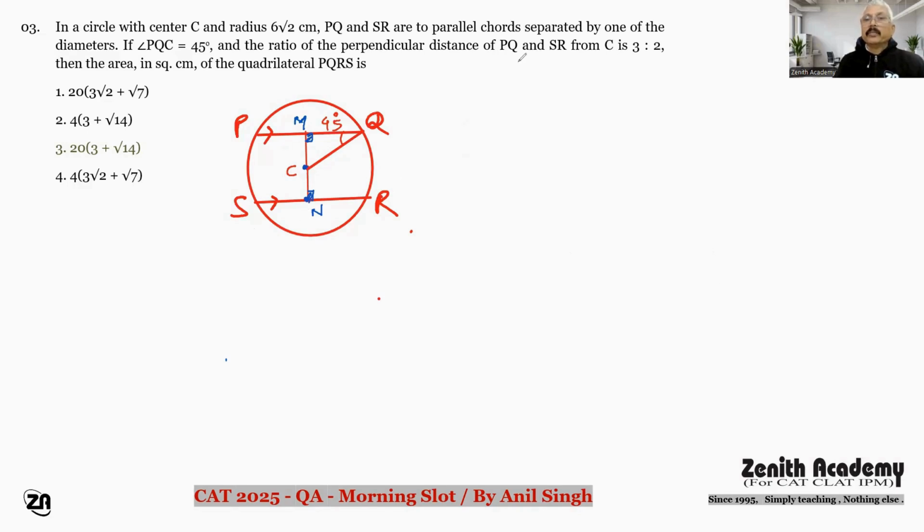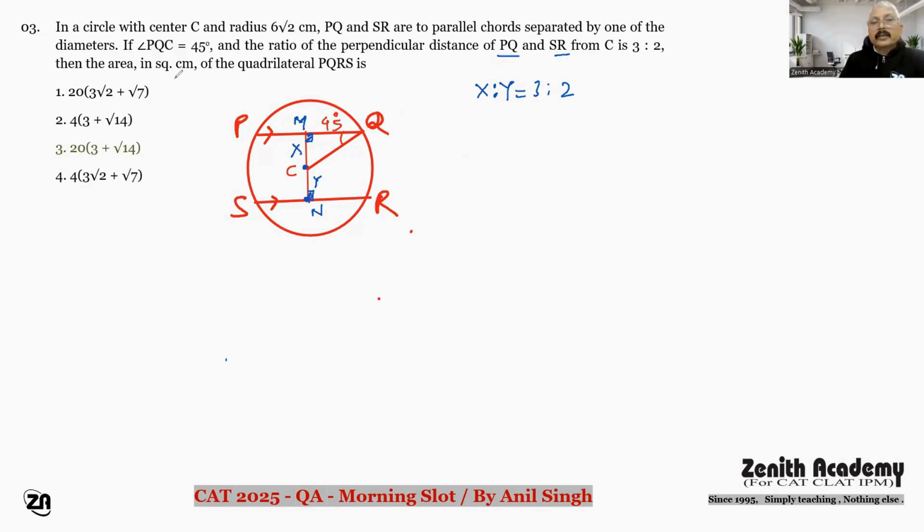It is given that the ratio of the perpendicular distances of PQ and SR is 3 to 2. It means CM, suppose it is X, and this is Y. So X to Y is given as 3 is to 2.